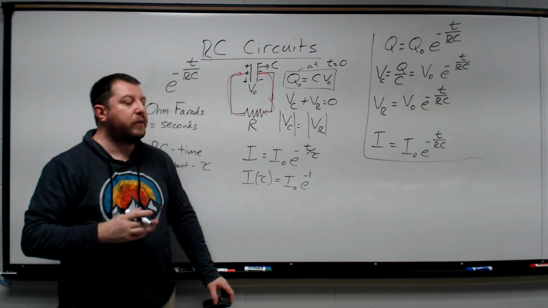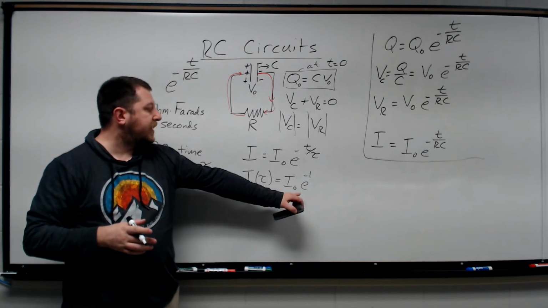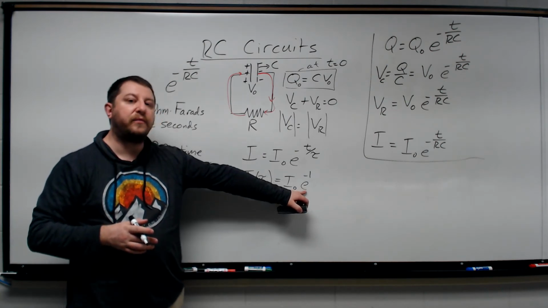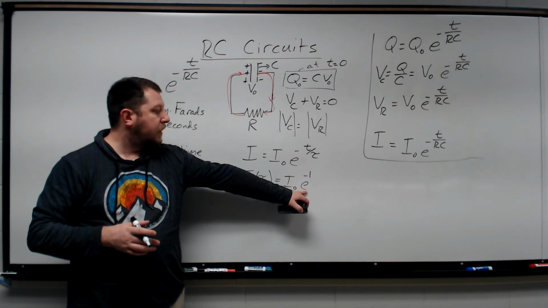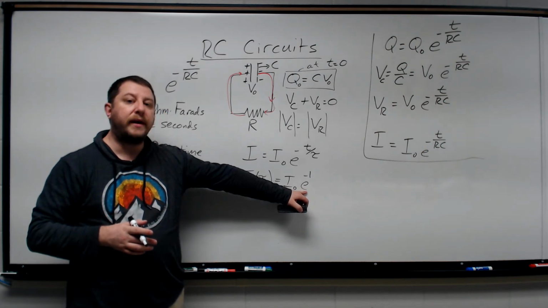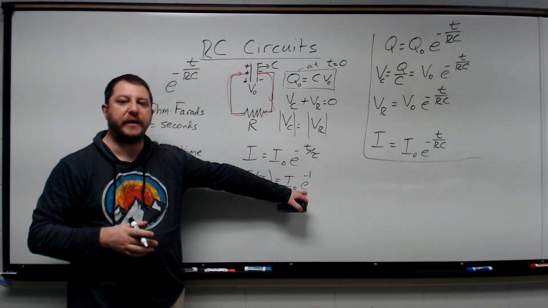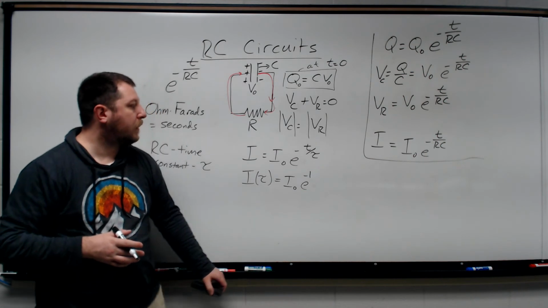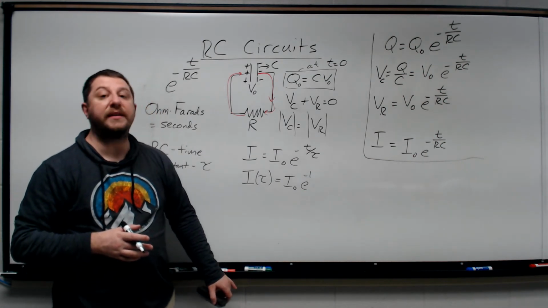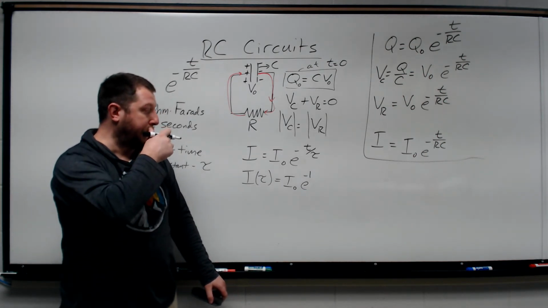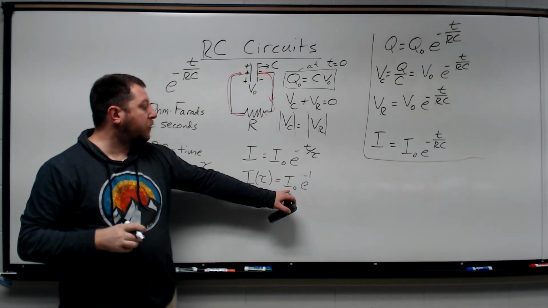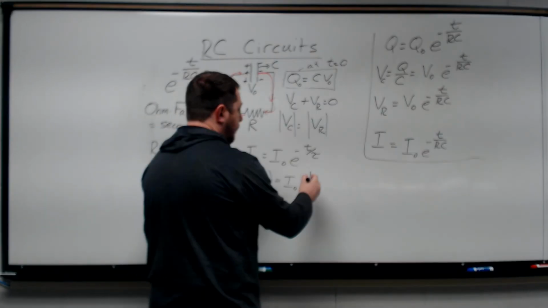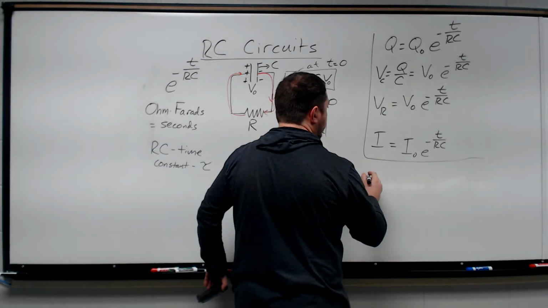And what I would find is that e to the negative 1 is 0.367, if memory serves. 0.368, I apologize.